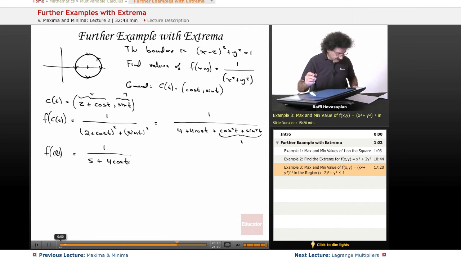So let's just stop here. Let's say f is a max. The function achieves its maximum value when the denominator is the smallest.